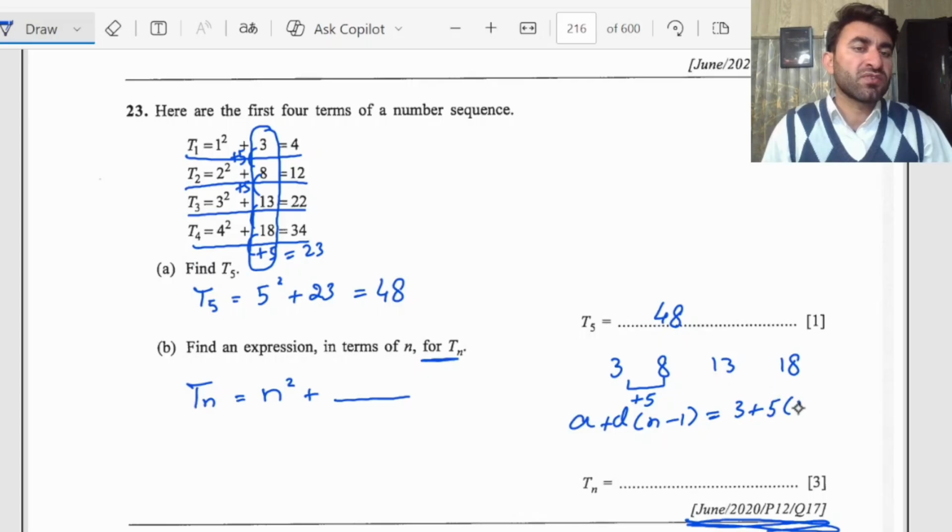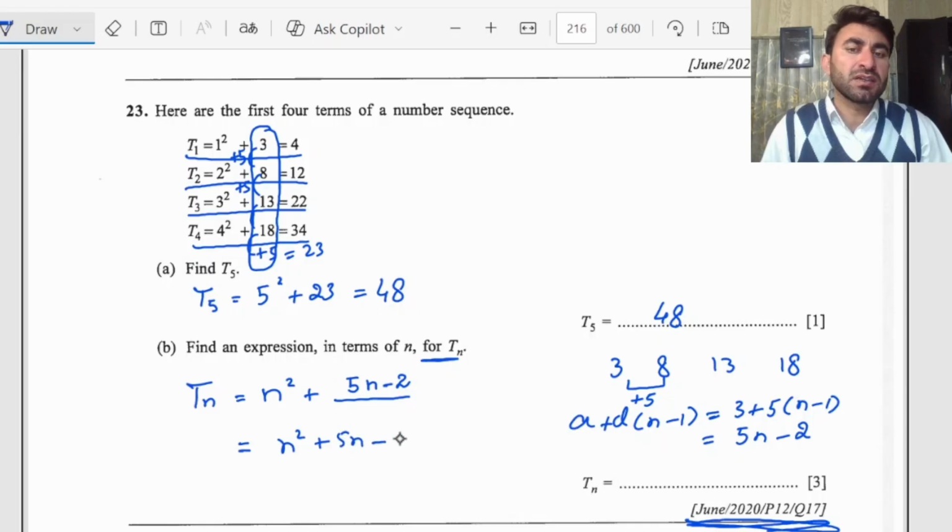So 3 plus 5 times n minus 1, and when we simplify it becomes 5n minus 2. This is the term being added to n squared. So Tn for the given sequence is n squared plus 5n minus 2. That is the nth term of this sequence.